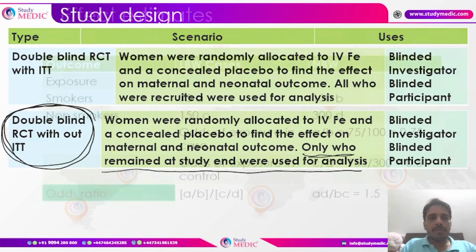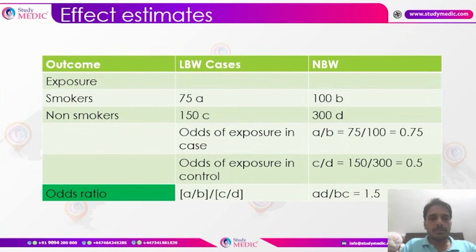Now coming to effect estimates. There are many effect estimates. One of the effect estimates is the odds ratio. Here you can see smokers and non-smokers and whether they are associated with low birth weight.